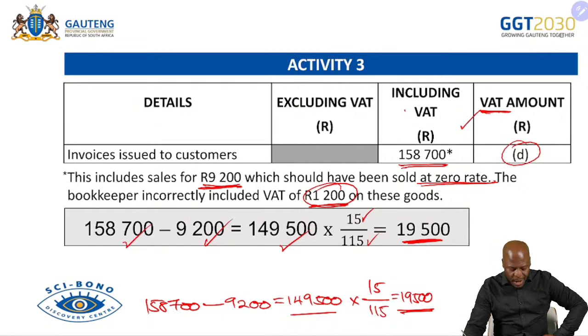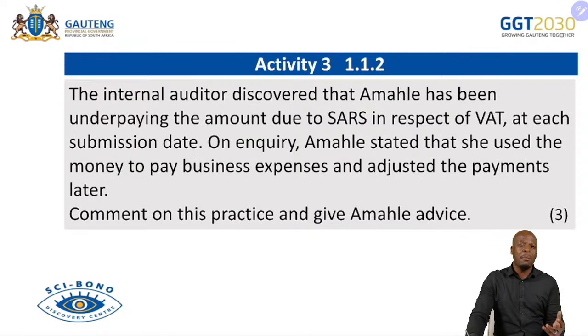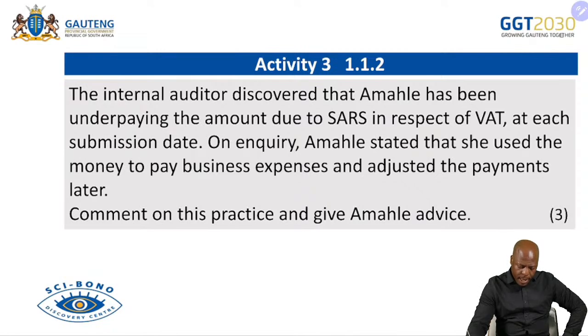Now, dear learners, this was a very exciting activity. But now you need to remember that when it comes to VAT, you also need to incorporate internal control as well as ethics. Here we have a question which says, the internal auditor discovered that Amahle has been underpaying the amount due to SARS in respect of VAT at each submission date.